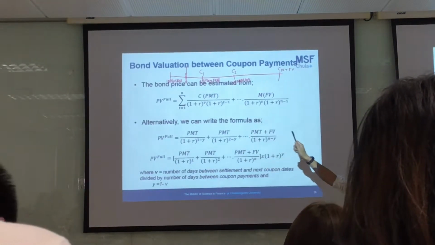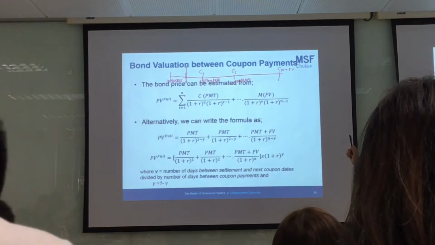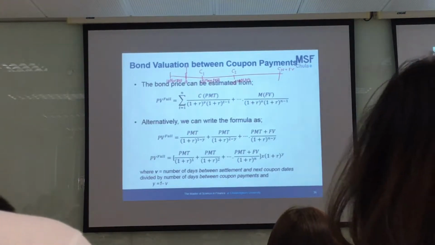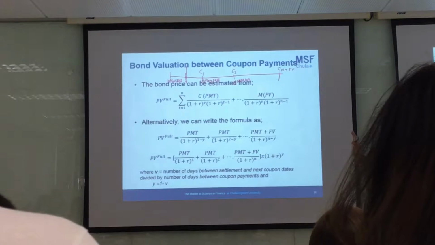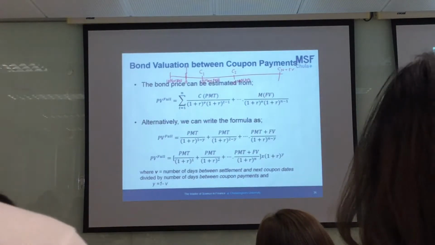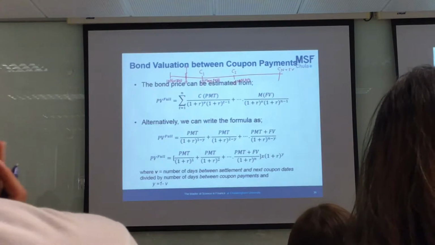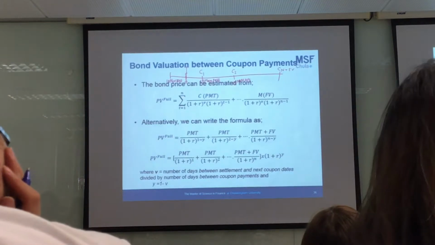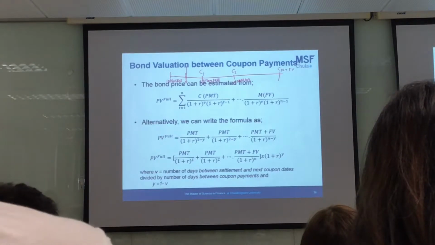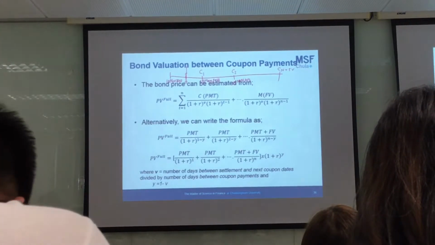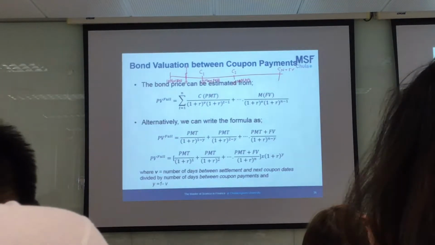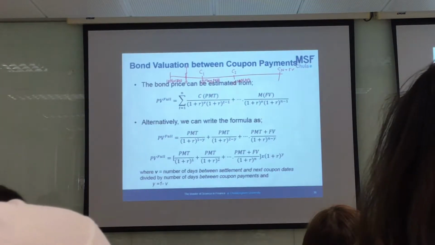We value the bond at time 0. Until the maturity, there will be n coupon payments. But at time 0, the first period is not equal to the other periods. From time 0 to C1, the first coupon payment, the period is not the same as the other periods. It's shorter.